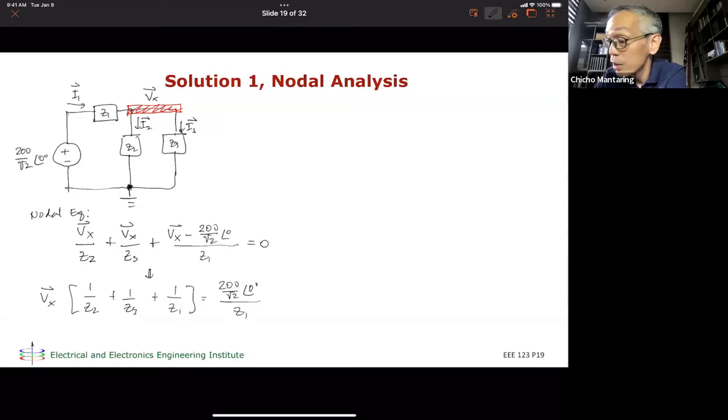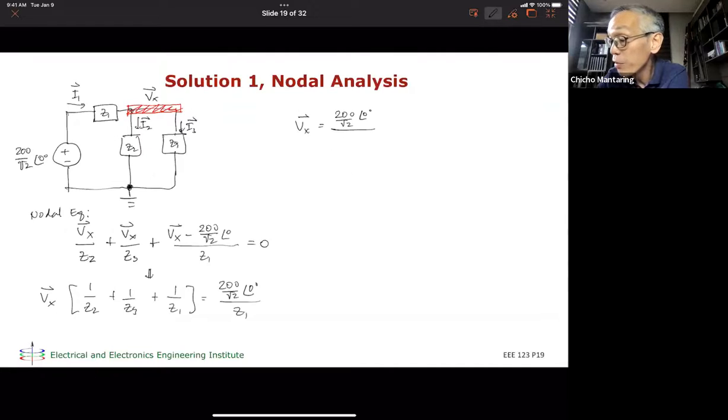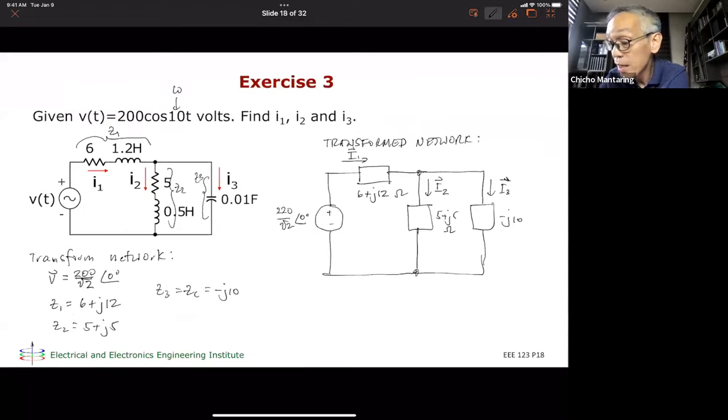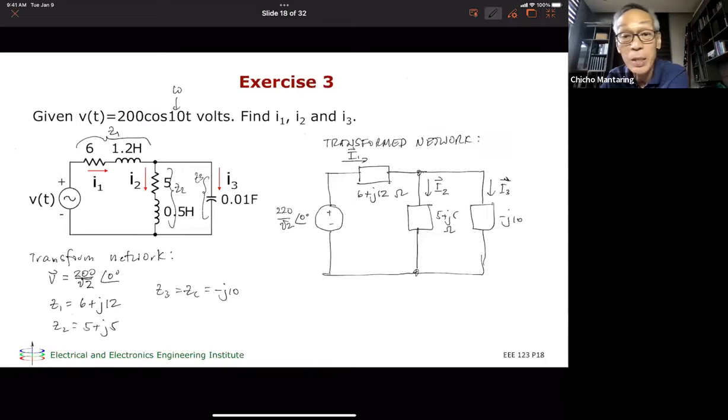So computing for V of X, this is 200 over the square root of 2 at an angle 0 degrees over Z1. My Z1 is 6 plus j12. This is 1 over Z2, 5 plus j5, plus 1 over Z3, minus j10, plus 1 over Z1, which is 6 plus j12.